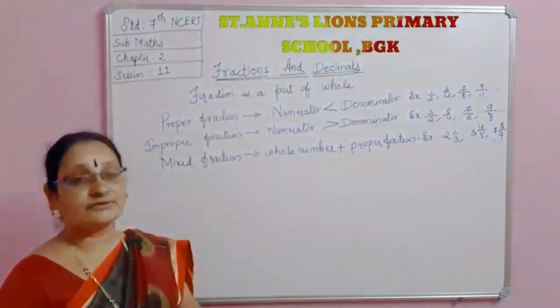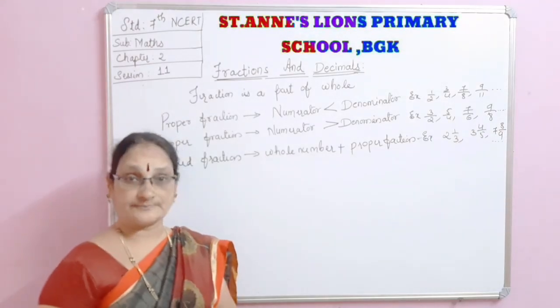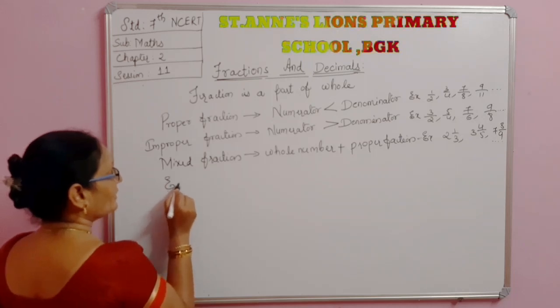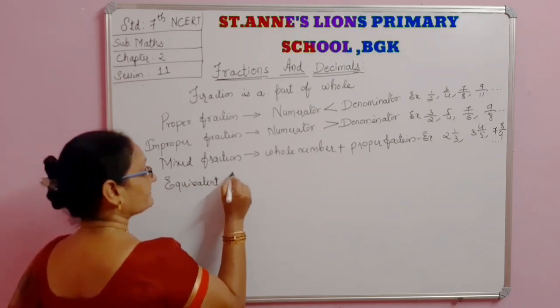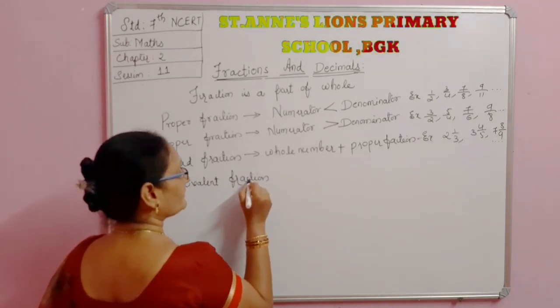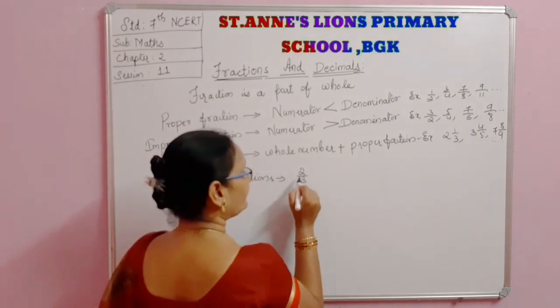Okay, and after this you already have learned how to find out the equivalent fraction. You know how to find out the equivalent. Now comes equivalent fractions. How to find out? See, suppose 2 by 3 is one fraction.